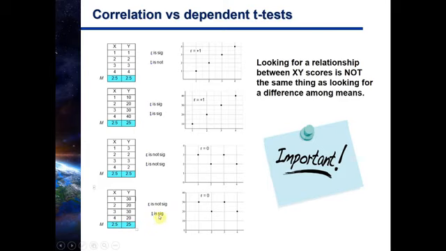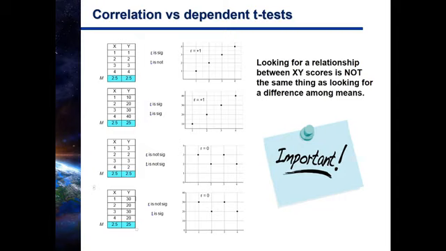So you see how, if we look at these patterns, it's possible to get a significant relationship, and it doesn't tell you whether your means are going to be significantly different or not. Similarly, you might not find a significant relationship, and that doesn't tell you whether your means will be significantly different or not.